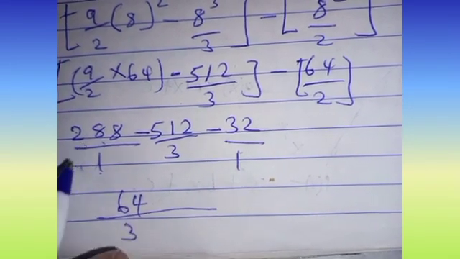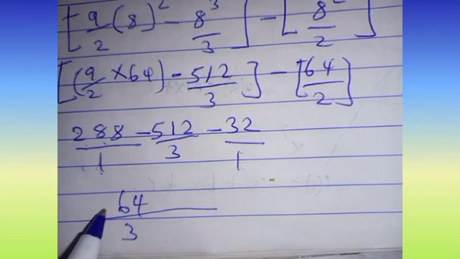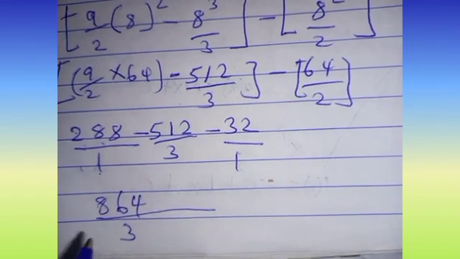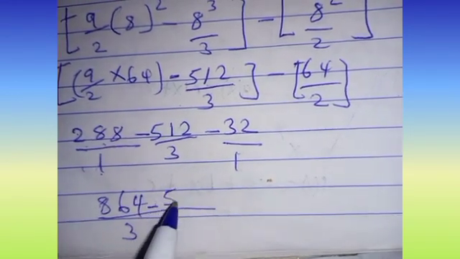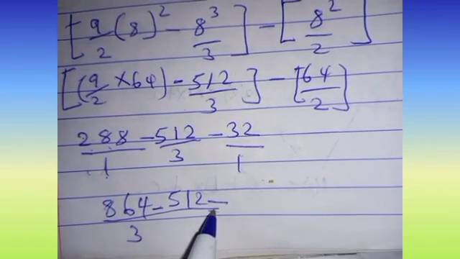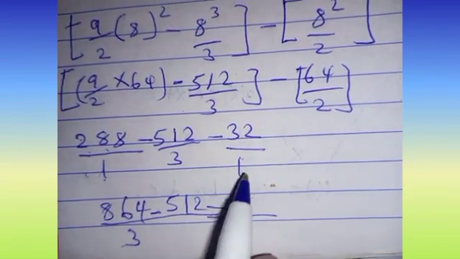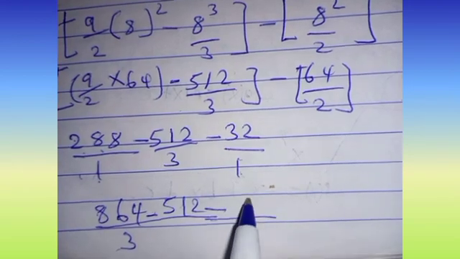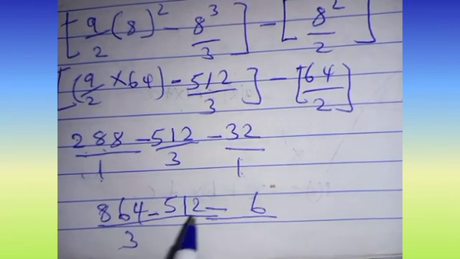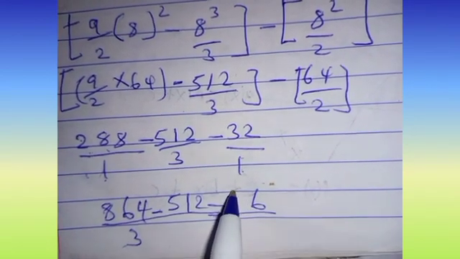3 times 2 is 6 plus 2, 8, minus 512. 3 divided by 1 is 1. 1 times 2 is 6. 3 times 3 is 9.